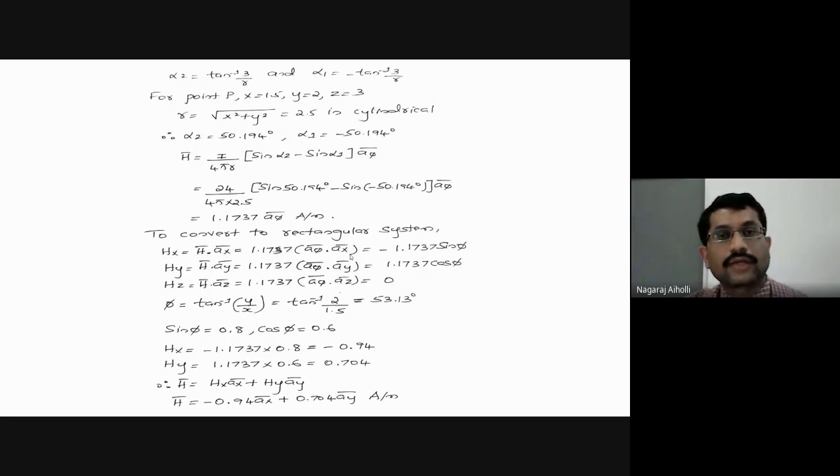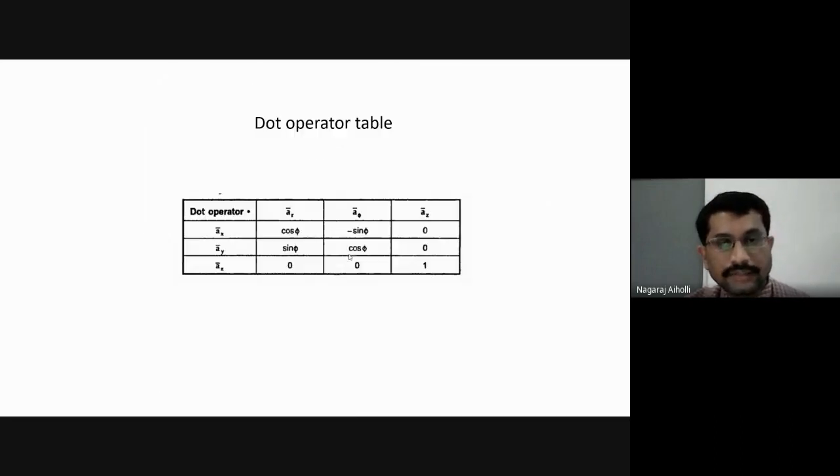The tables you all have to remember, very important. The dot operator tables for converting from Cartesian to cylindrical, cylindrical to Cartesian, Cartesian to spherical, spherical to Cartesian, and from cylindrical to spherical and spherical to cylindrical. You have to memorize them. Let us consider the dot operator table for converting from Cartesian to cylindrical.